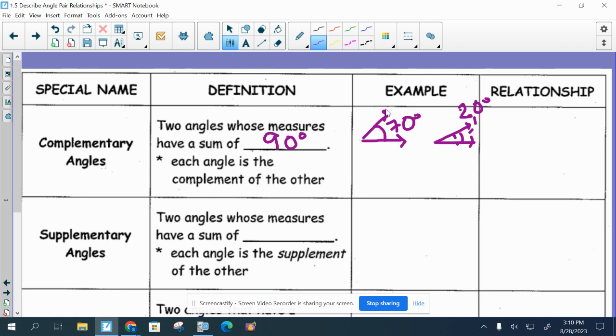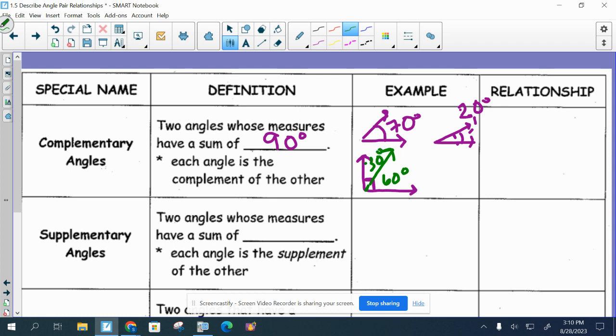You can also have angle pairs that have the same vertex that add to 90. For example, if you have a right angle, you draw a little box there to denote that it's a right angle, 90 degrees. But then you have a ray going through it, and let's say it makes 60 degrees and 30 degrees.